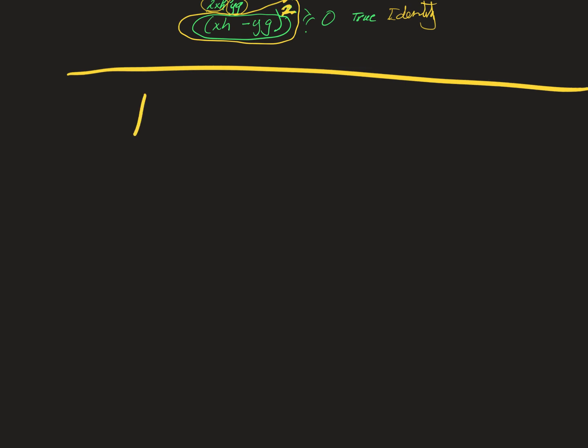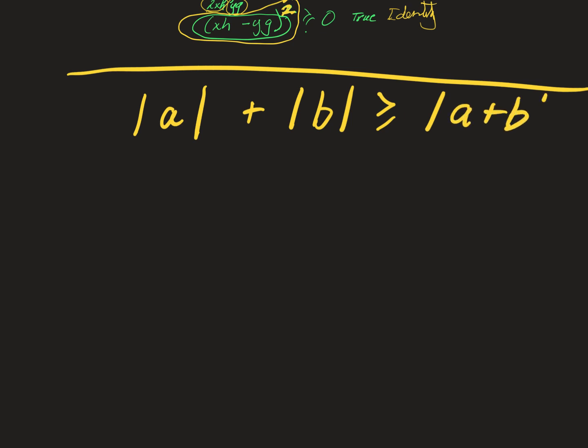They write the triangle inequality as the modulus of complex number A plus the modulus of complex number B is greater than or equal to the modulus of the sum. And they do problems that I've actually never seen before. They have you do a problem where you find the range of these complex number values.